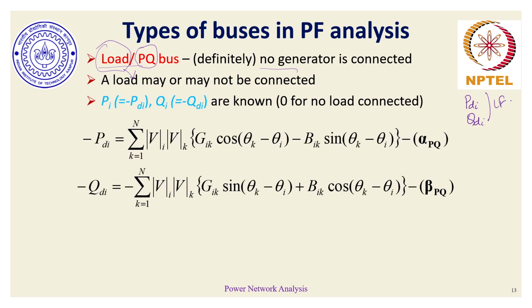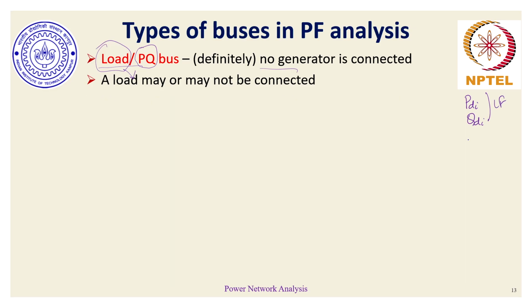So for such a load bus, the injection at the ith bus: since there is no generator connected, PGI is not present, so it is zero. PI is simply equal to minus PDI, and on similar lines, the reactive injection at the ith load bus is only minus QDI, because QDI is a demand.